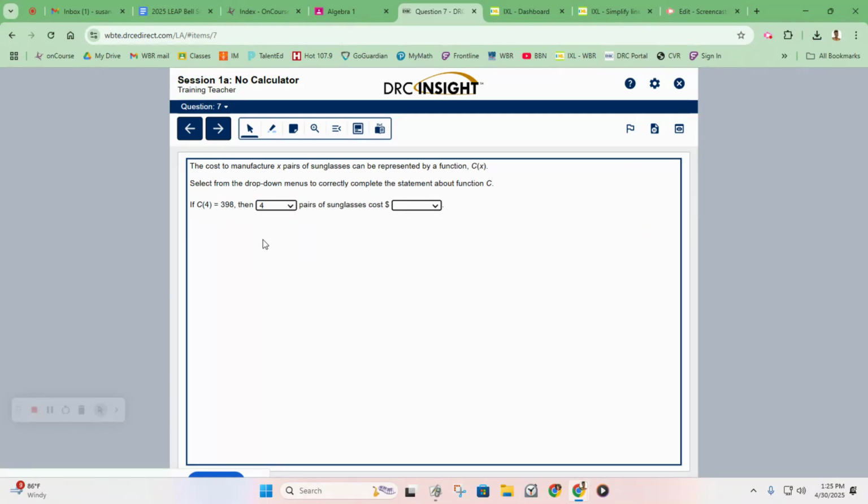So this would be 4 sunglasses that cost $398. Keep in mind, your answer should make logical sense. I wouldn't be able to get 398 pairs of glasses for $4. That would be completely unrealistic. So that's another way you can make sure you're getting the right answer here. 4 glasses has a cost of $398.